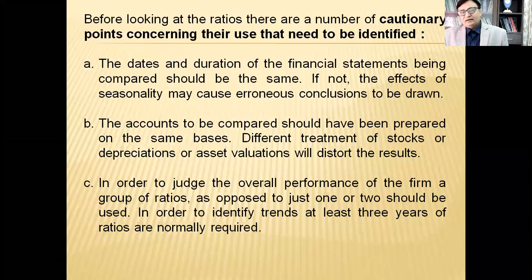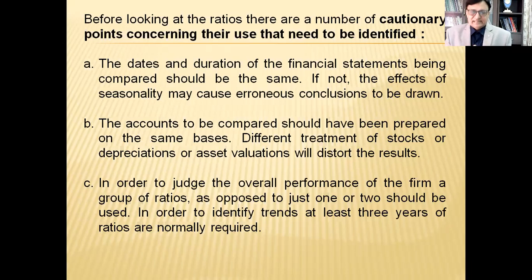First, when we are computing ratios, the dates and duration of the financial statements being compared should be the same. If not, the effects of seasonality may cause erroneous conclusions to be drawn. So the dates and duration of the financial statements being compared should be the same. If you are comparing the ratios of one company with another company, their financial statements should have the same dates and the same duration.